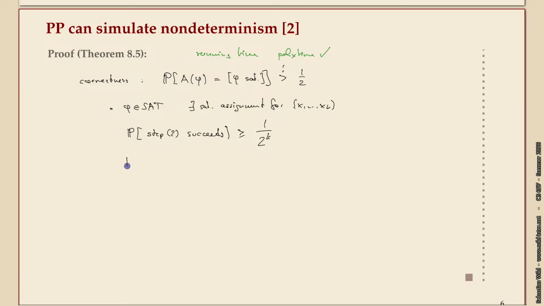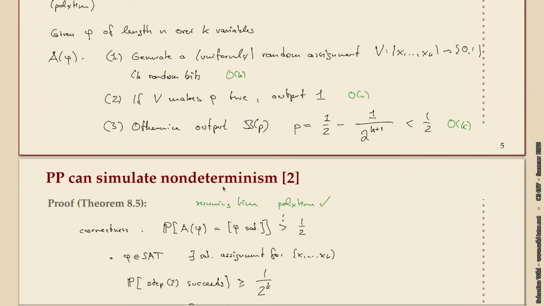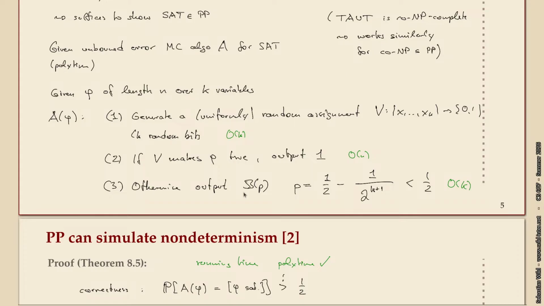So then let's analyze what's the overall failure probability that A outputs 0, which is wrong in this case. So for the output 0, we must fail in step 2, right? Let me write for this B of phi equals 1, okay?